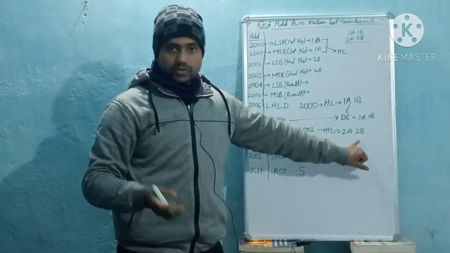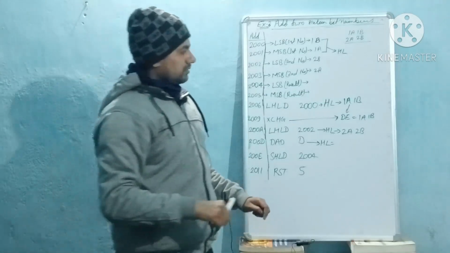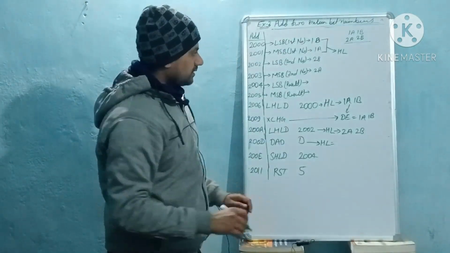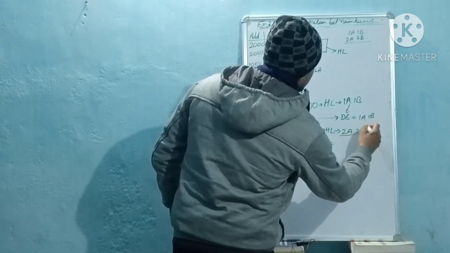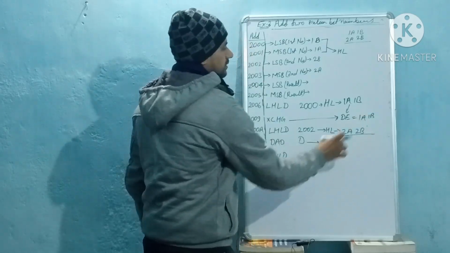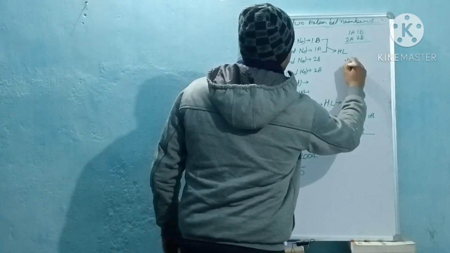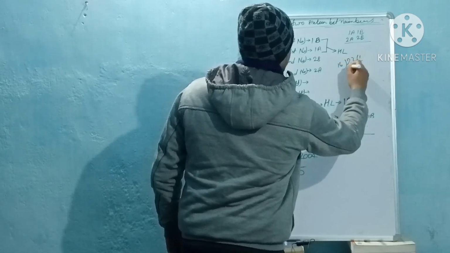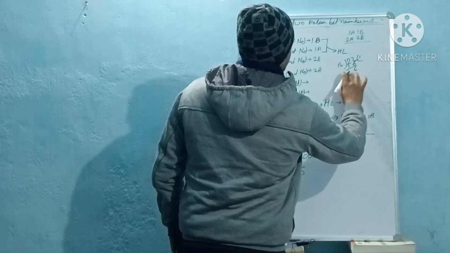So 11 plus 11 is 22, and if you divide that by 16, 22 divided by 16, you will get 1 and remainder 6.